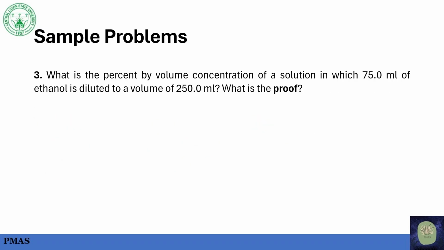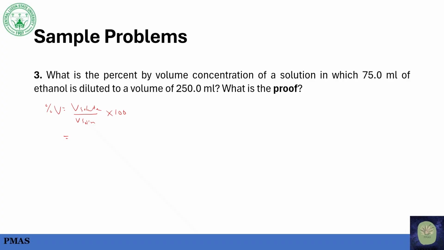Next, what is the percent by volume concentration of a solution in which 75 ml of ethanol is diluted to a volume of 250 ml? Then what is the proof? First, let's calculate the percent by volume. Percent by volume is your volume of solute over the volume of solution times 100.